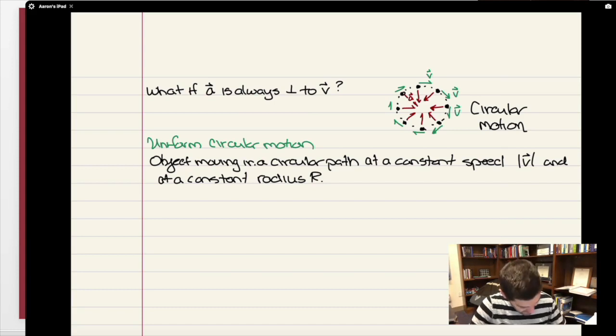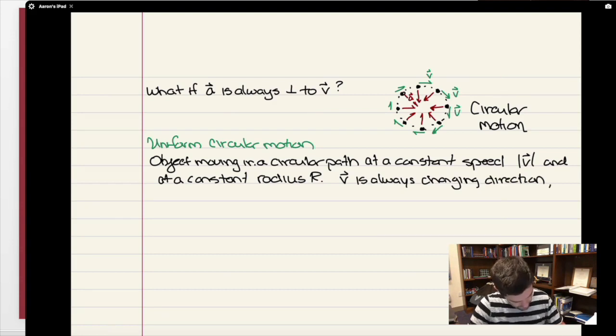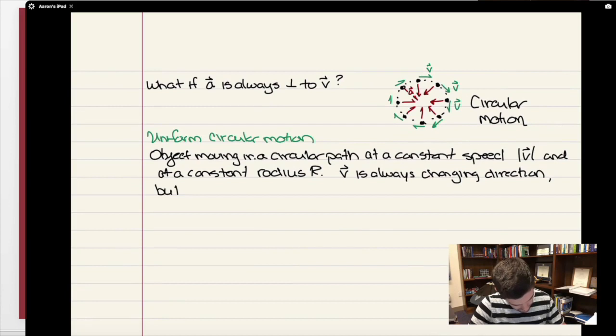So in this case, I could say that the vector v is always changing direction. But the magnitude is a constant.